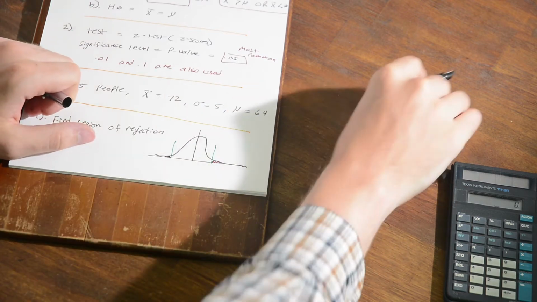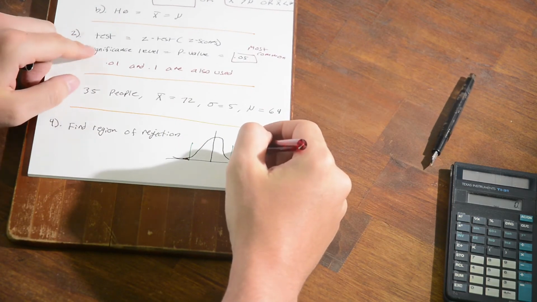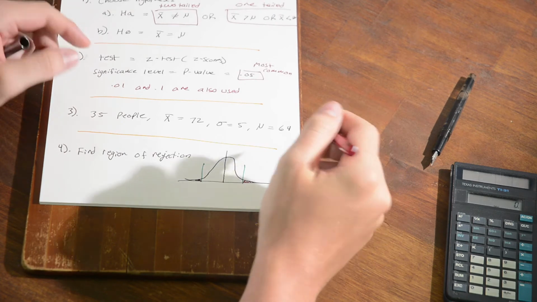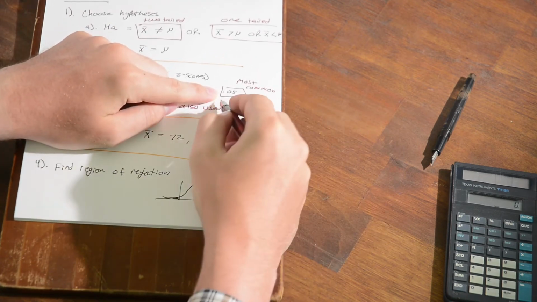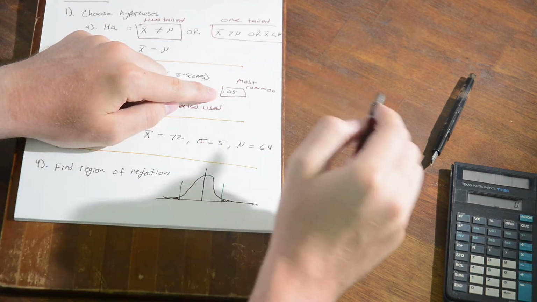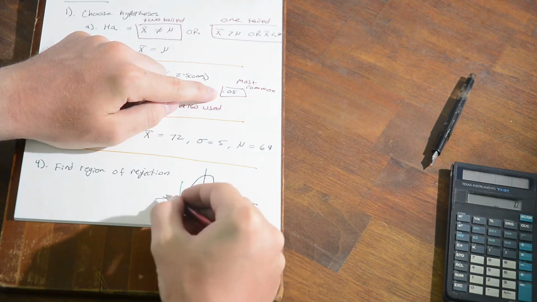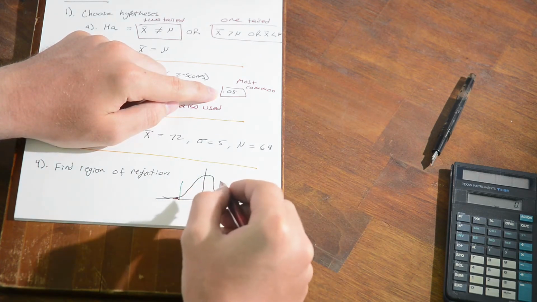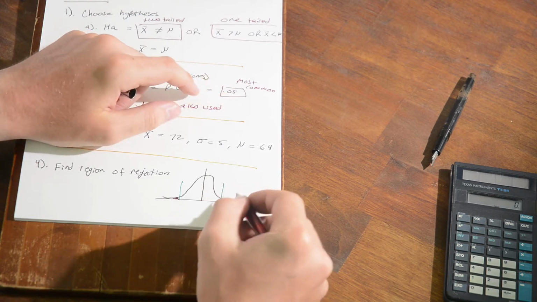Now, when we're looking at this, because I chose a two-tailed version at 0.05, that means that I need to split 0.05 in half and put half at each end. So that's going to give me 0.025 in each tail.